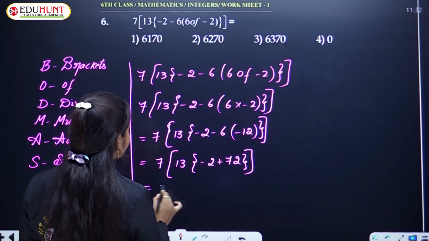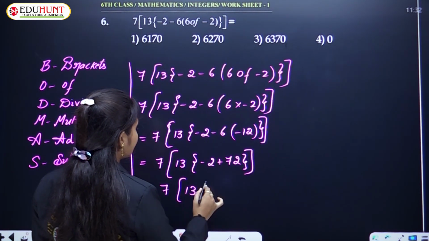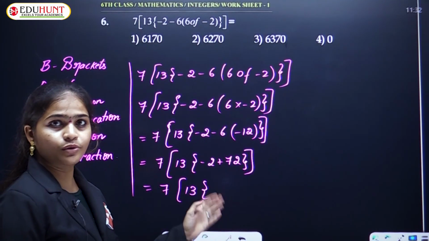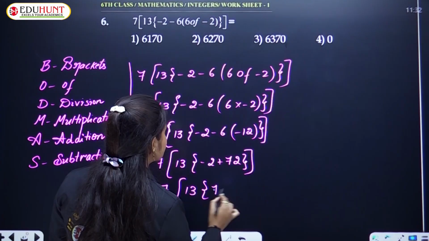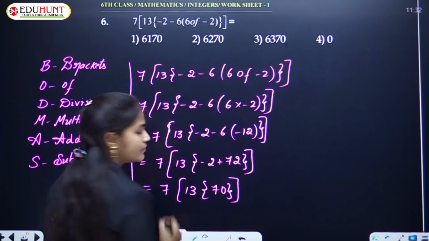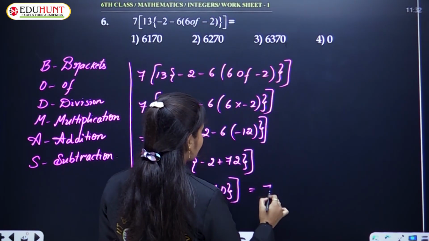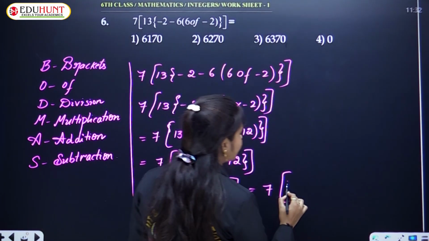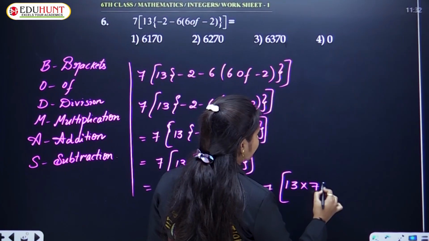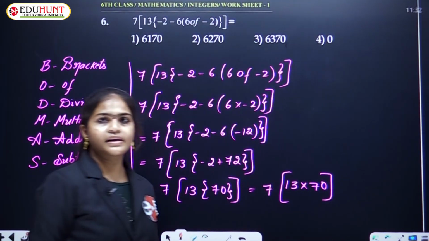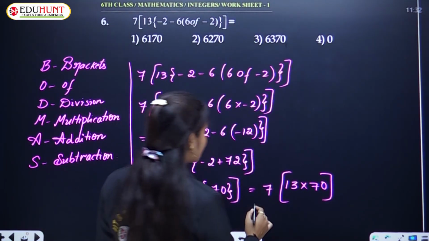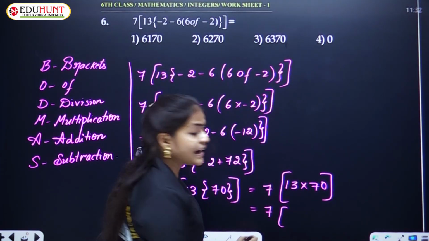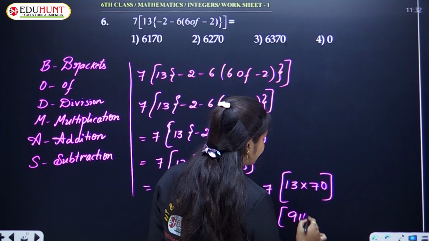Now 7 of 13 brackets of minus 2 plus 72, which equals 70. Next, inside the brackets, those two numbers we perform first. 7 brackets of 13 into 70 equals 7 into 910, since 13 sevens are 91, so 910.